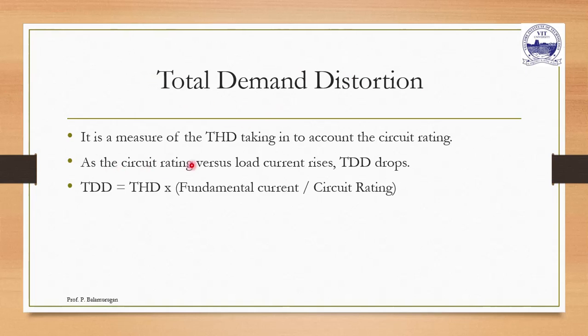So as the circuit rating varies, the load current increases and hence the TDD drops. The mathematical relation between THD and TDD is expressed as TDD equal to THD multiplied by the fundamental current upon the circuit rating. The circuit rating is nothing but the maximum current which can be delivered by the system at the rated voltage and the rated frequency.